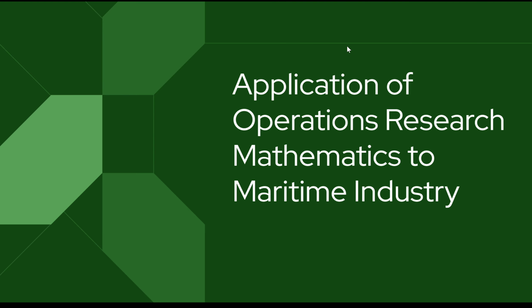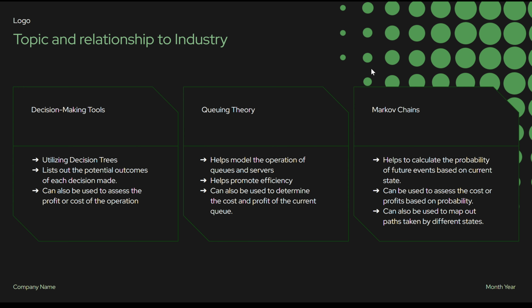And now we will get into the application of operations research and mathematics to the maritime industry. Just as we said before, there are some tools that we can use in operations research to help us make these decisions regarding which route is most profitable, most cost effective.